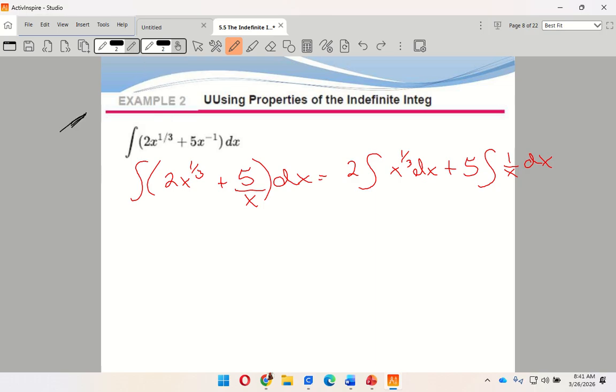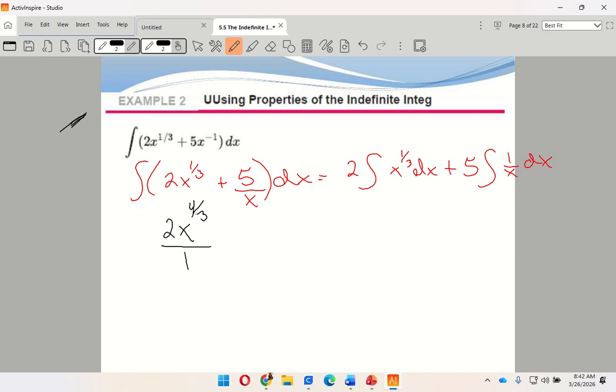So this is going to give me 2 x to the 4/3 because I'm adding 1, right? I'm adding 1, so in this case I'm adding 3 over 3. So that's 4/3, and then what do I do?